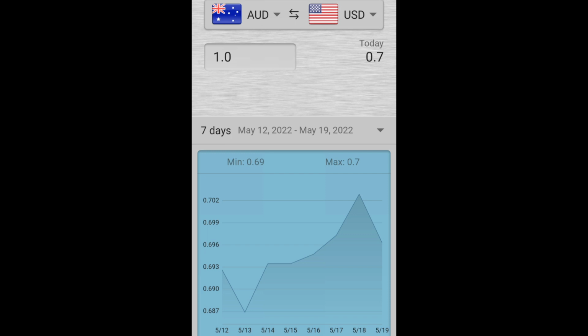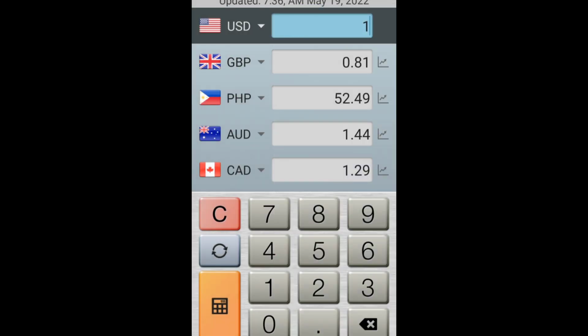That's the US dollar to Australian dollar foreign exchange update. Now we have for US dollar to Canadian dollar. 1 US dollar is equivalent to 1.29 Canadian dollar as of today.